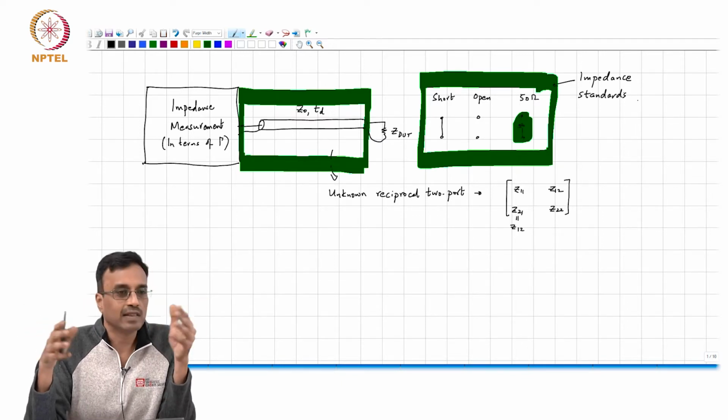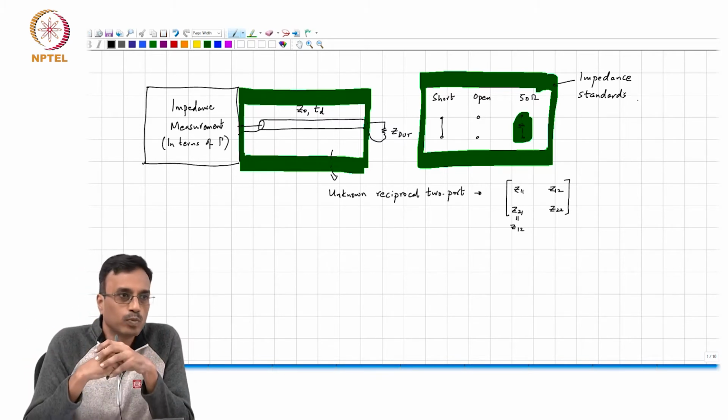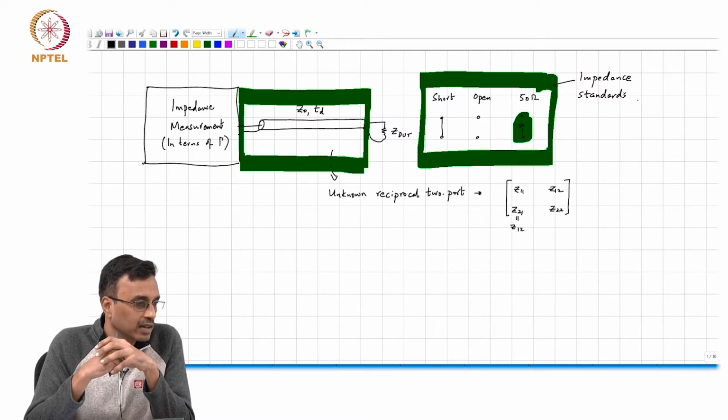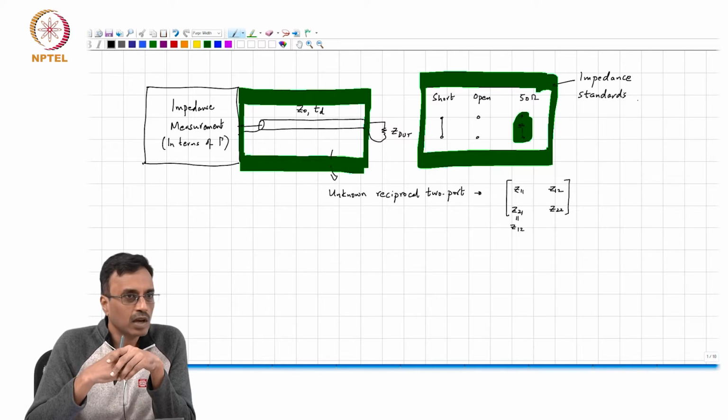So when you buy a box like this, you will also get a jewel case where you put these impedance standards, and before you make a Z-dot measurement, you will first measure them.